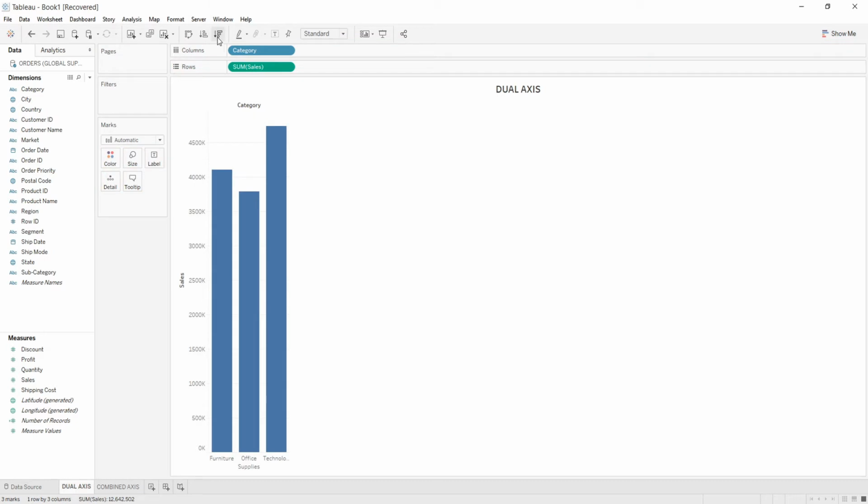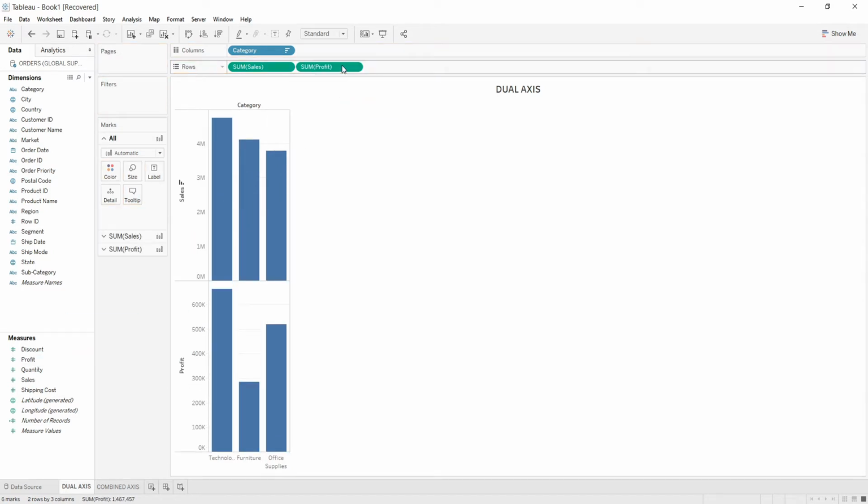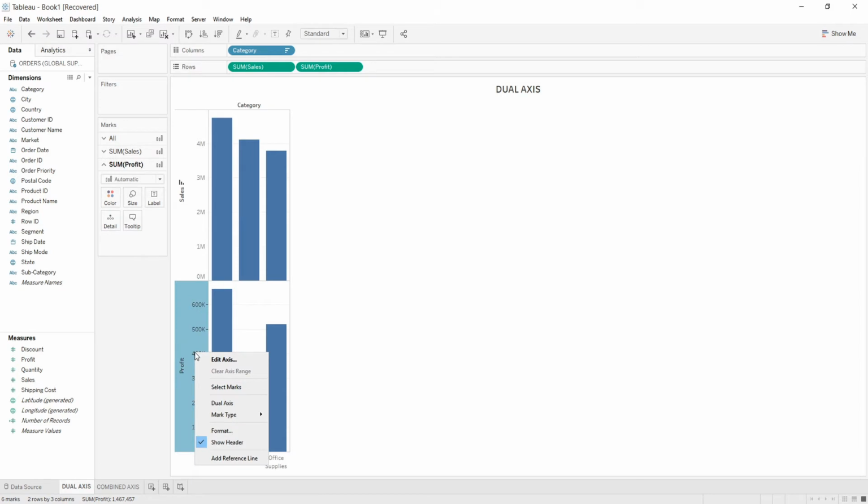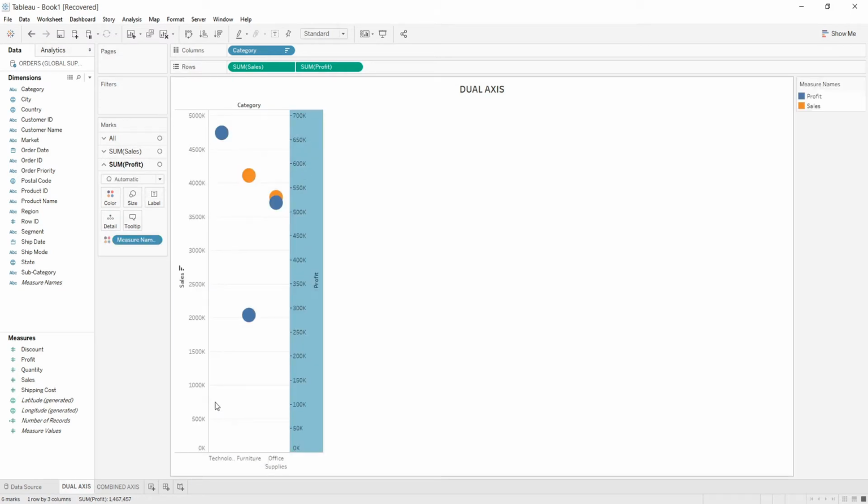You can see a vertical bar chart would be created. After then, we need to keep profit on the same view, and then two charts would be created. So we need to now combine them into one chart. And for that, we would right click on the y-axis of the second chart and then select dual axis. And then automatically a dual axis chart would be created.